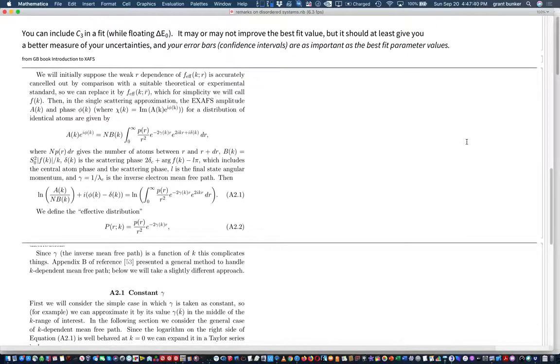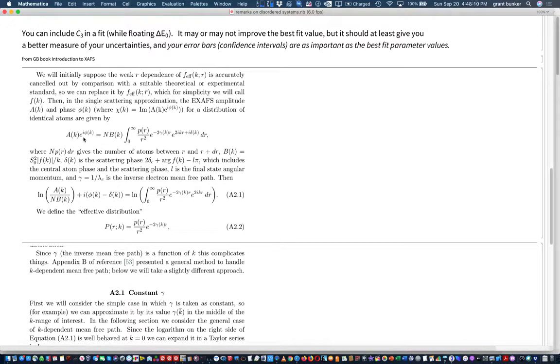Okay, out of sloth, instead of retyping equations, I decided to copy some stuff out of my book appendix. If you look in the middle of this equation here, I think I can point to it. Here's our basic EXAFS equation, but written instead of chi being the A of k times the sine of phi of k, generalized to a complex quantity so we can manipulate it.